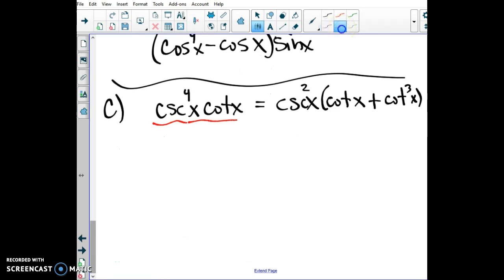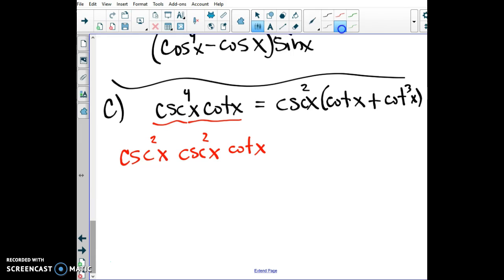Again, working on the left-hand side, we're going to rename cosecant to the fourth as cosecant squared x times cosecant squared x times cotangent of x.